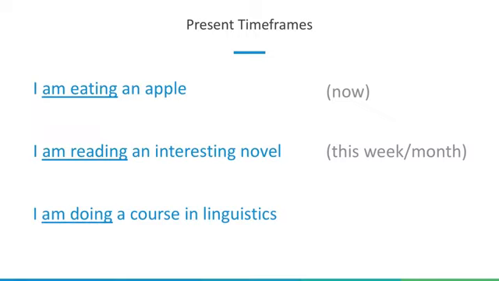So in I'm reading an interesting novel, the present time frame can be a month. And if I say I'm doing a course in linguistics, well, maybe that present time frame is longer. Maybe that's more like a year.